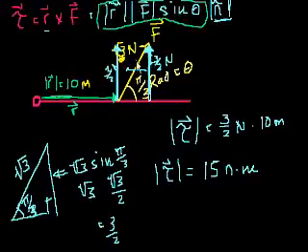The magnitude of our force vector times sine of theta gave us the component of the force vector that is perpendicular to the arm. And we just multiplied that times the magnitude of r, and we got the magnitude of the torque vector, which was 15. We could leave out the Newton meters for now. 15, and then its direction is this vector that we specify by n.